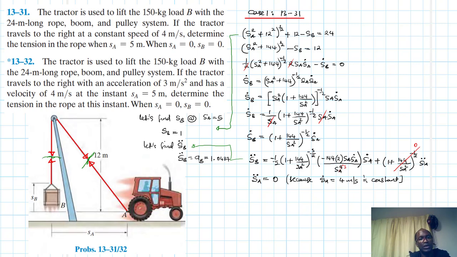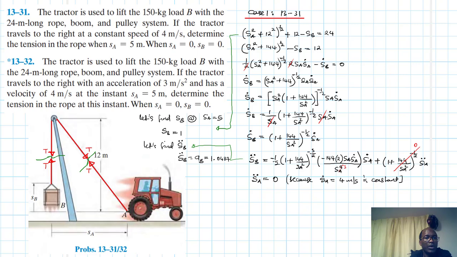So let's call this our tension force T. This is T. This is T, like so.